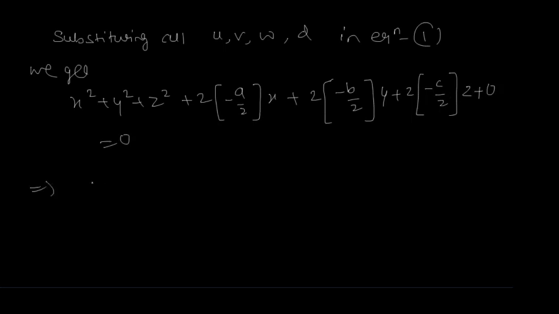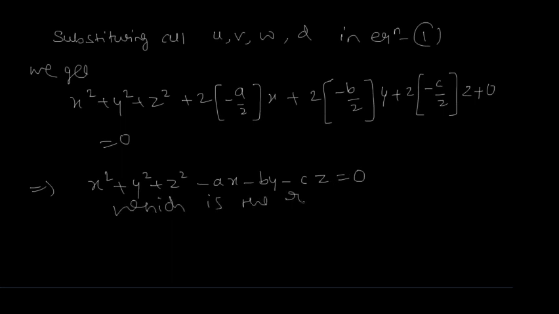So on simplifying this, x square plus y square plus z square minus ax minus by minus cz is equal to 0. So this is the required equation of a sphere.